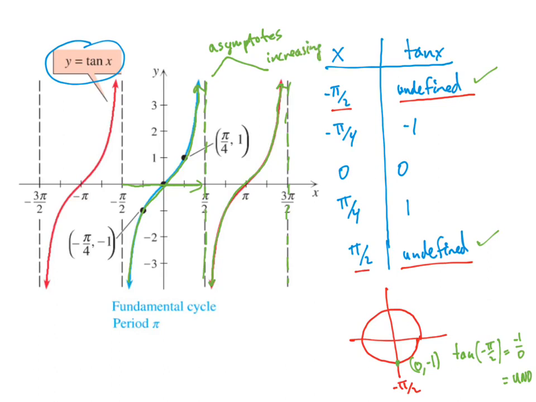And what we notice is that, let's take this period length between negative pi over 2 and pi over 2. Well, half of the period is less than 0. Half of the period is above 0. So this is different than all of the other trig functions. All of the other trig function graphs begin at 0. Their first period begins at 0.